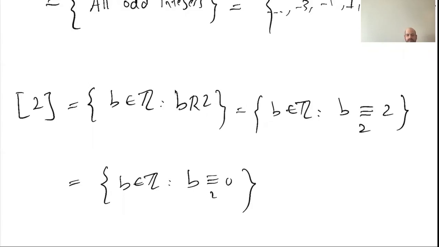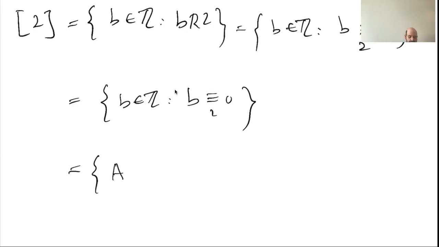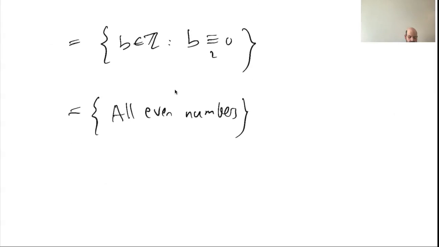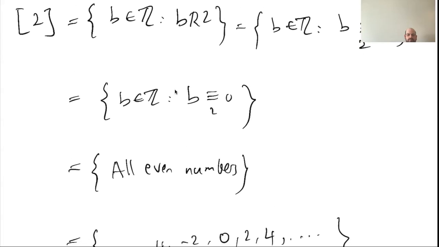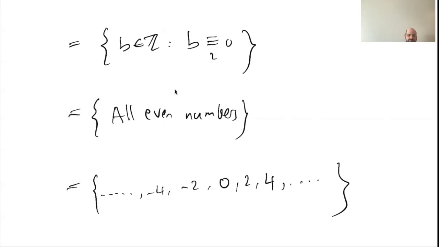So which elements have the property that when divided by 2, their remainder is 0? Just the even numbers, right? So this means the set of all even numbers: 0, 2, 4, minus 2, minus 4. When divided by 2, their remainders are 0.